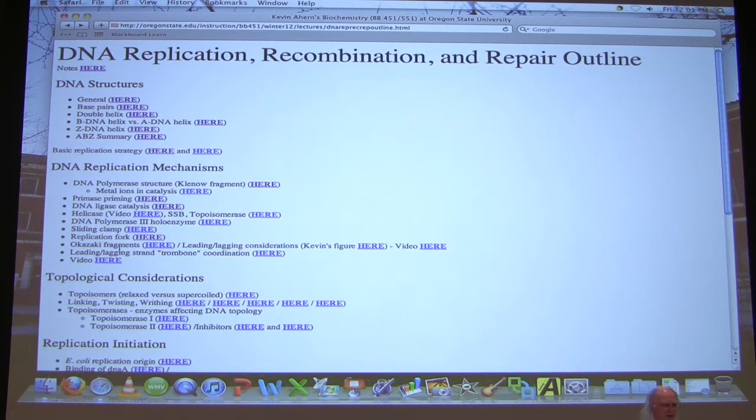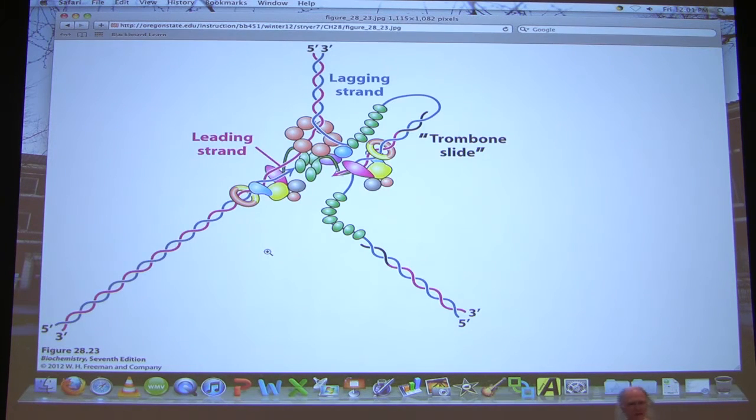In reality, the replication fork is quite a bit more complicated. This begins to show some of that complexity, and even this doesn't do a very good job because it still shows two separate polymerases when in fact it's one polymerase with two heads doing this. This figure illustrates something called the trombone model of DNA replication.